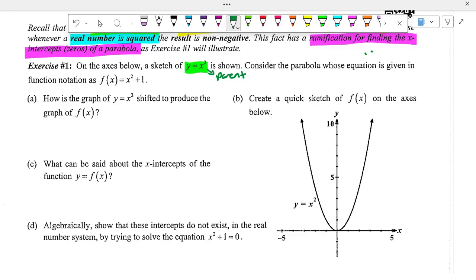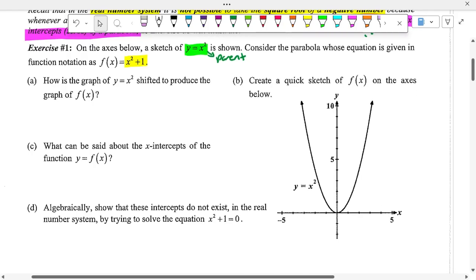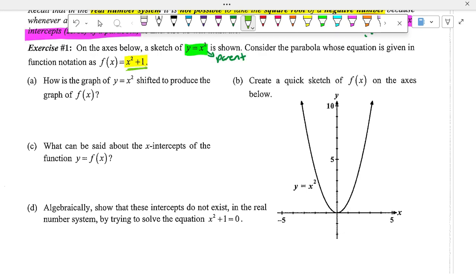All right. So using that, we can find x squared plus 1. Let's think about this logically. With x squared plus 1, it's just a transformed version of x squared.